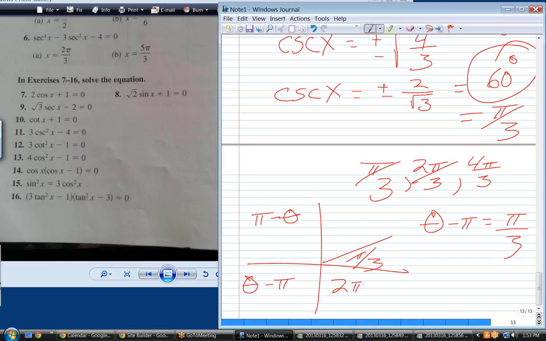Remember, the fourth quadrant is 2 pi minus theta. Okay? So we've figured out the first, second, and third quadrant. What's the fourth quadrant? In other words, 2 pi minus theta has to equal pi over 3. So then that would be 300 degrees.